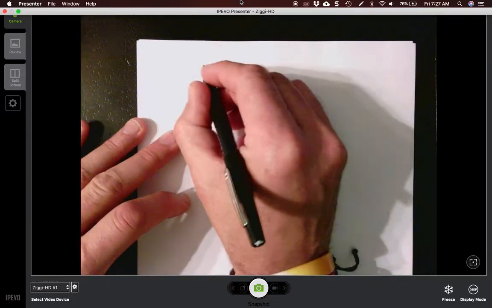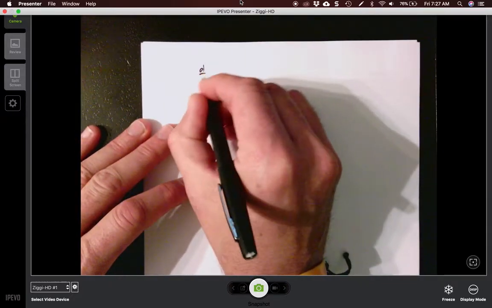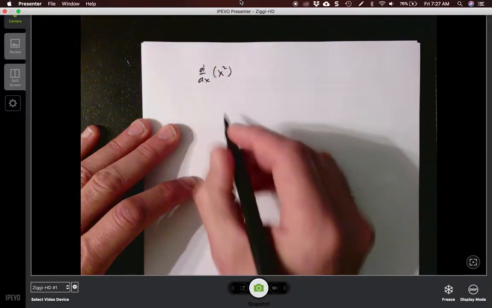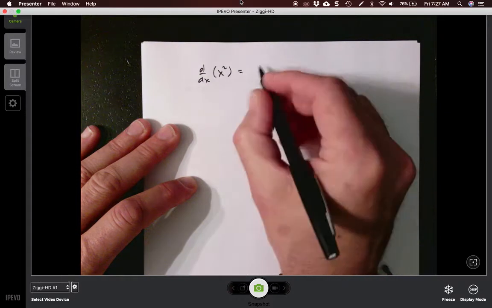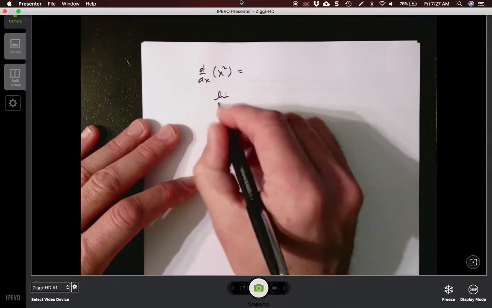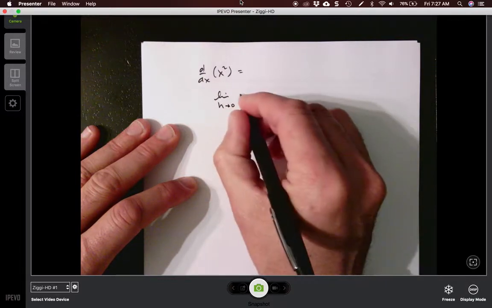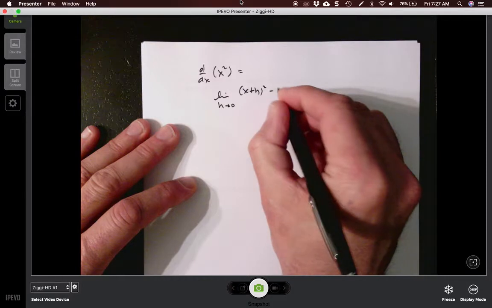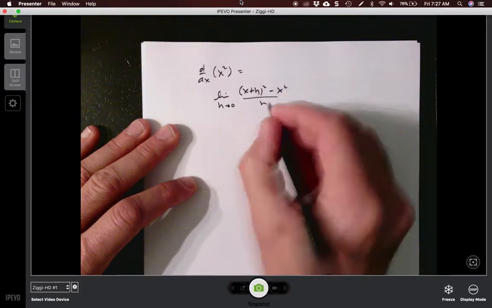Suppose that I wanted to find, and I'm going to use this notation, the derivative with respect to x of x squared. I think we did this in class, and the limit definition would be the limit as h goes to 0 of x plus h squared minus x squared, all divided by h.